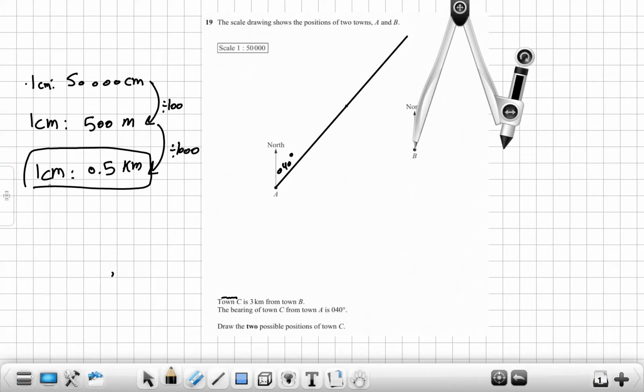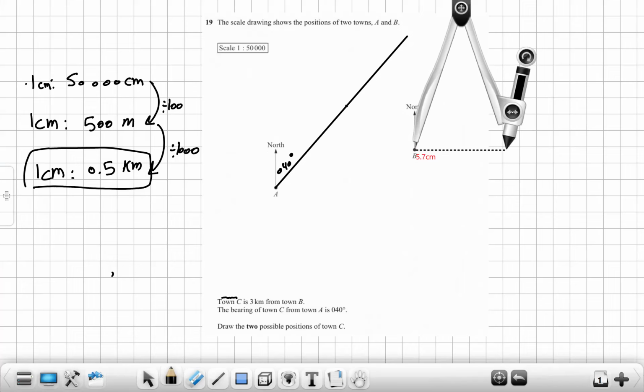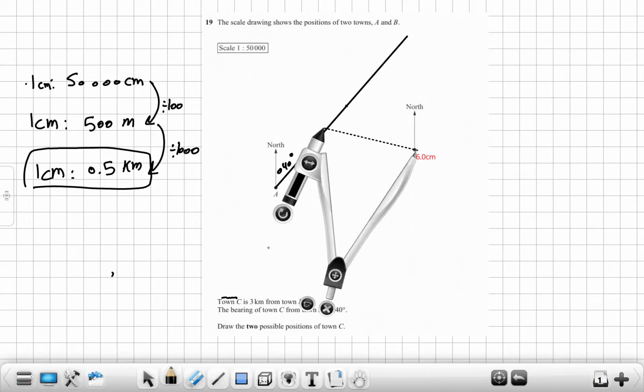So I need 6 centimeters for 3 kilometers. So I'm going to open the compasses 6 centimeters. Now, this represents 3 kilometers because each centimeter is half a kilometer. So 2 centimeters is 1 whole kilometer. So I need 6 centimeters for the 3 kilometers.